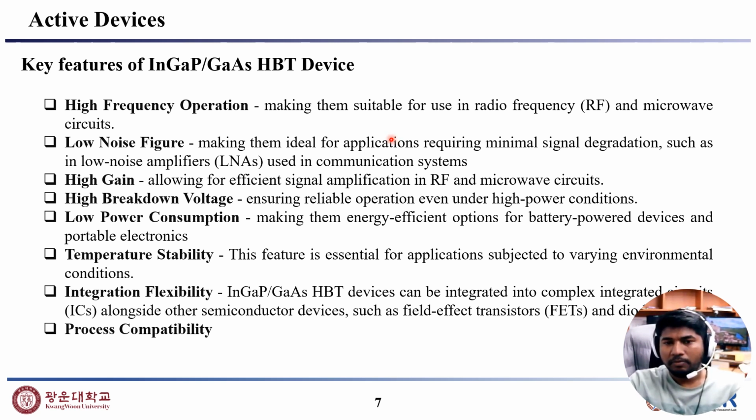Low noise figure: this feature makes them ideal for applications requiring minimum signal degradation, such as in low noise amplifiers used in communication systems. Then high gain, allowing for efficient signal amplification in RF and microwave circuits. Then high breakdown voltage, ensuring reliable operation even under high power conditions.